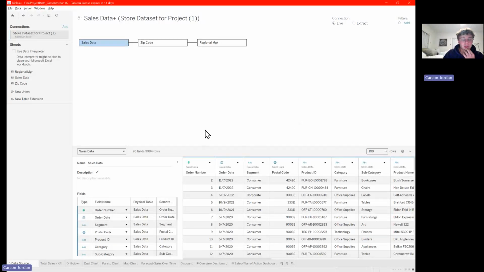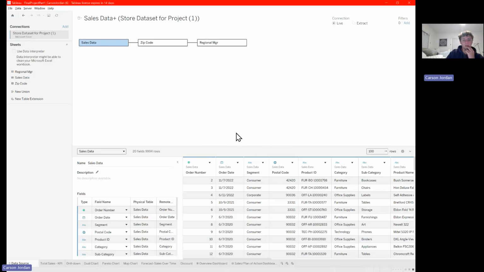All right, so here's the data set. The data set used for this project contained almost 10,000 rows and 22 fields, including the order details, as well as the product attributes, the customer information, the pricing, and the profit metrics.